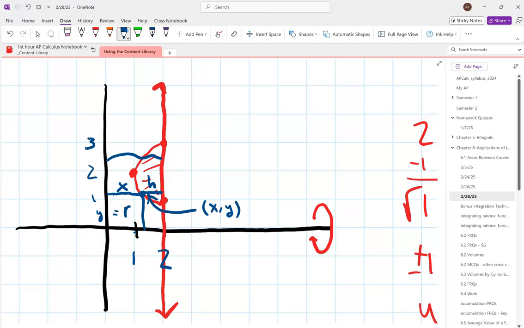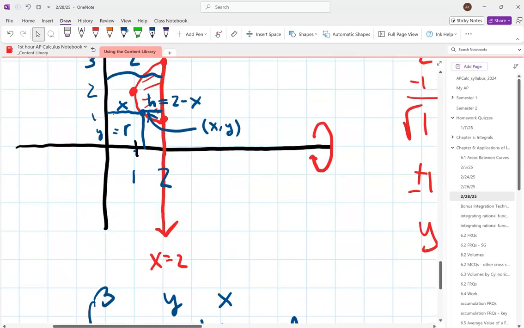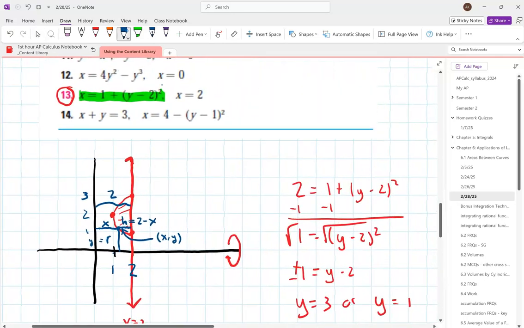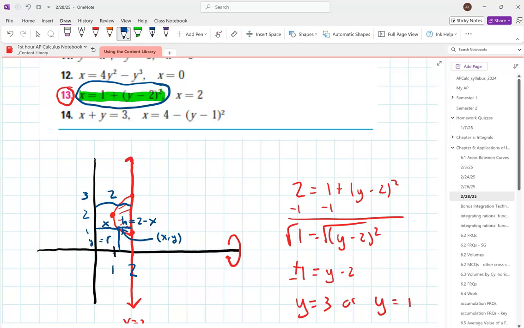And this distance is 2. So the h has to be 2 minus the x coordinate. Does that feel okay? And I know that the x coordinate is found by doing that. So that's my setup.